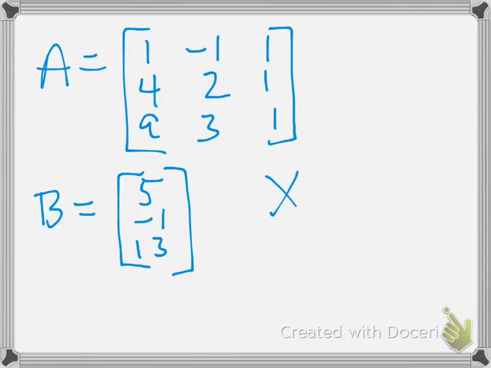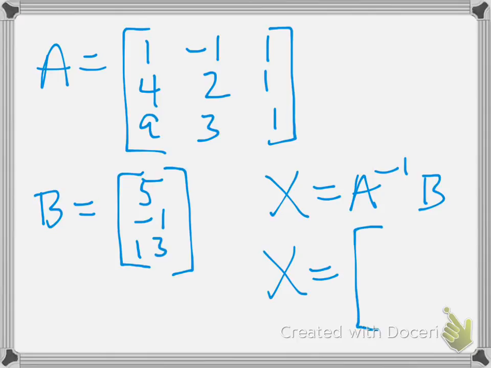So our answer matrix, A inverse times B, okay? And again, I know I kind of glazed over this, but you're entering the matrices, you're naming them, you're doing the operations, just like we did in 7-2. You get 4, 6, and 5.